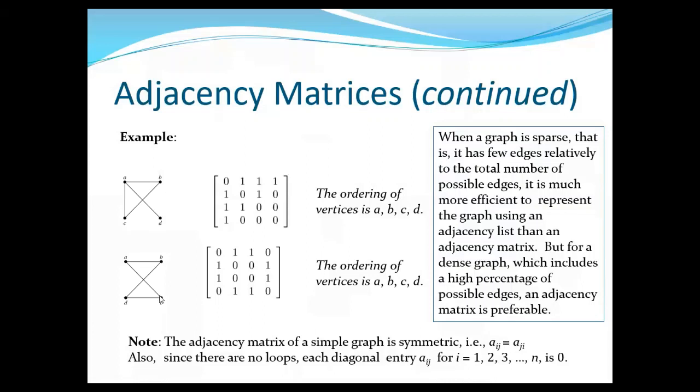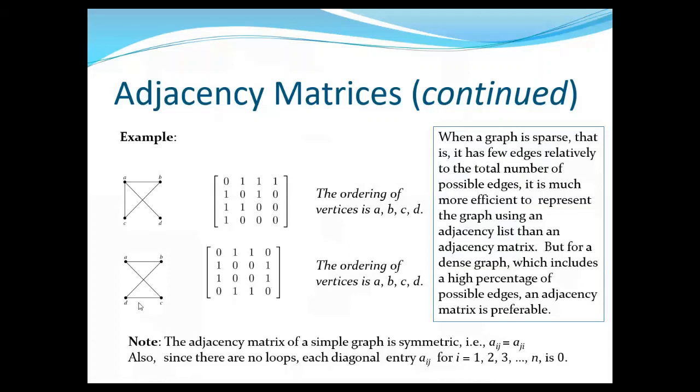But it is not connected to B and C. There's no loop within B, and no direct connection between B and C, so this is 0, 0, and it is connected to D, so this is 1. Same with C: this is connected to A, 1, but there's no connection between B and C, so this is 0, no loop, 0, and there's no connection between C and D, so this is 1.